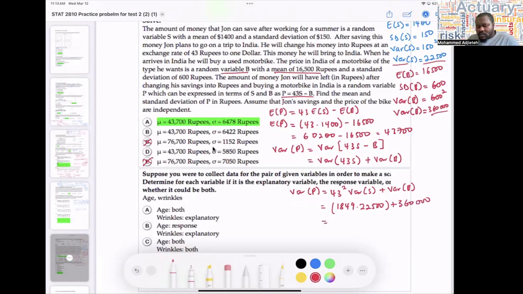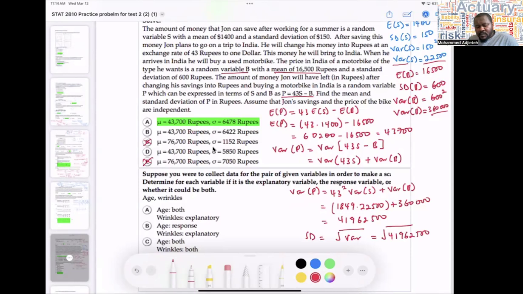So now let's do this on our calculator. And so I got 419,625,000.